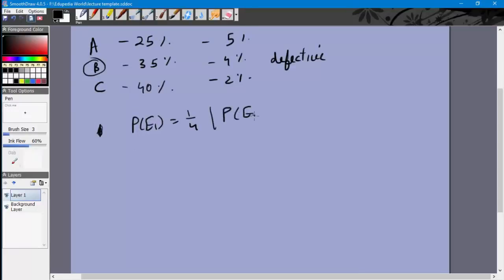P of E2 is equal to 35 by 100, or if you divide by 5, 7 by 20. And P of E3 is equal to 40 by 100, which is 2 by 5. Right. Also, we are told the probability that they are defective given they come from each and every one of them.